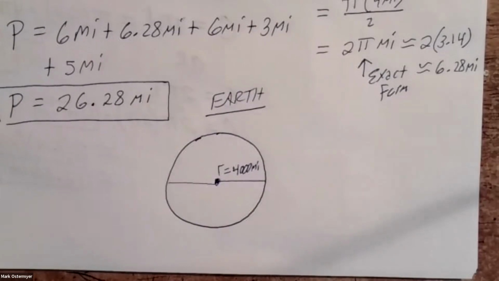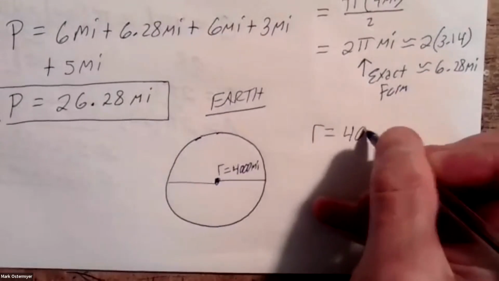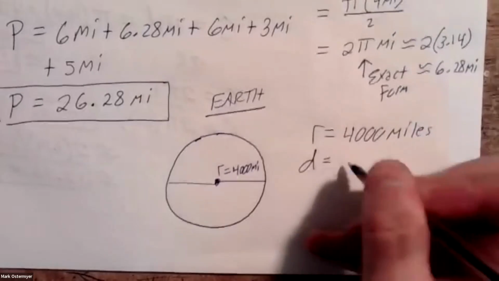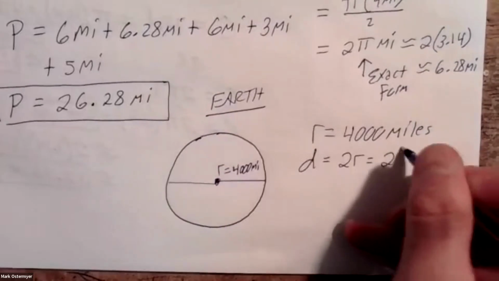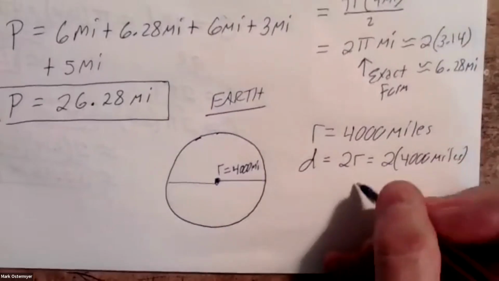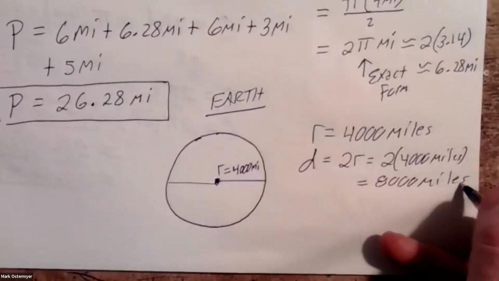If the radius of our Earth is 4,000 miles, what do you think our diameter would be of our planet? So the diameter is twice the radius, which would be 2 times 4,000 or 8,000 miles. So the diameter of our Earth is 8,000 miles, approximately.